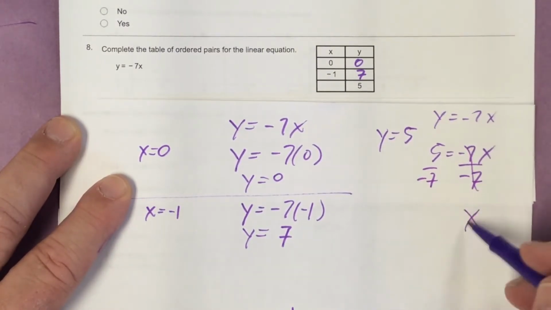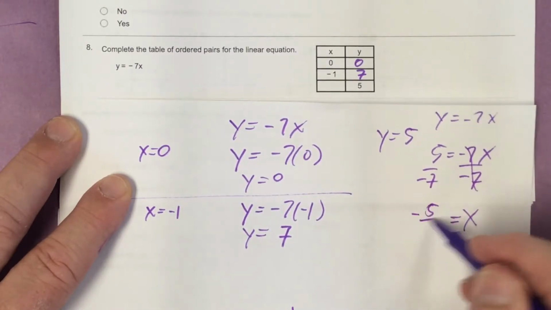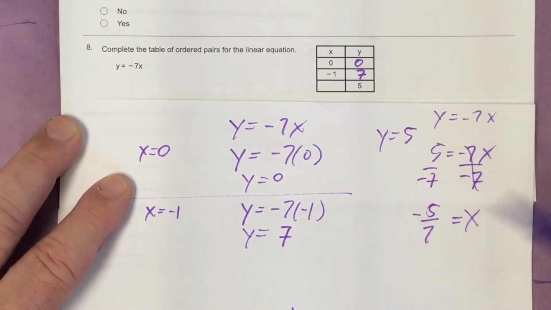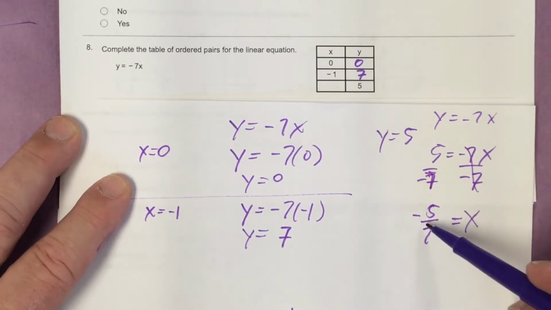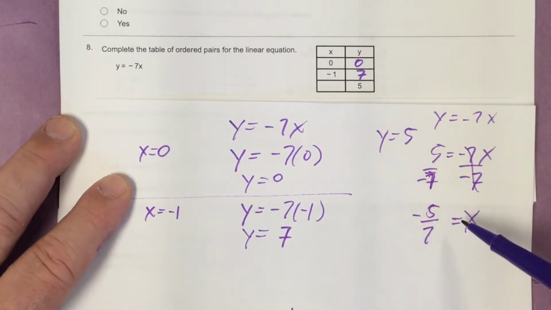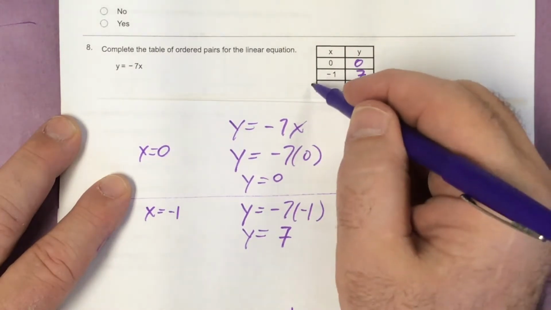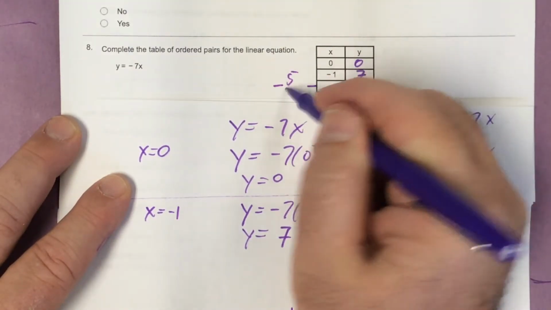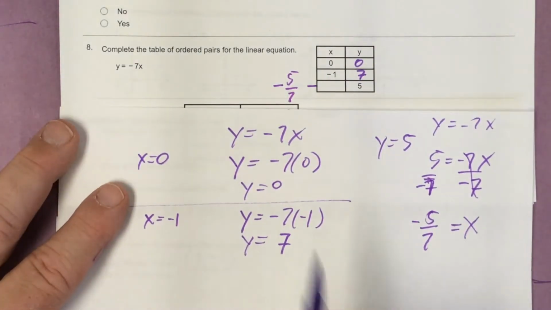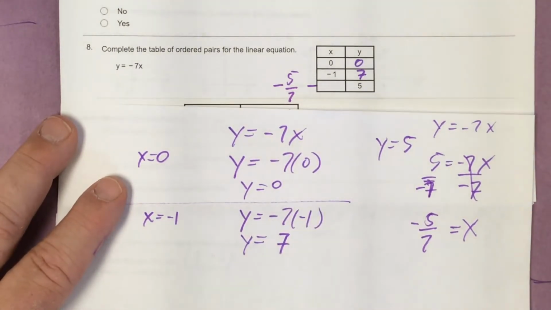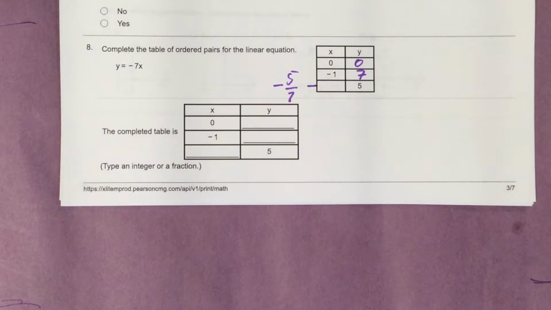And what we'll get is x is equal to negative 5 over 7. Just remember that we have in the process of this, we're having to divide by negative 7, but we can't show the negative in the bottom in our final answer. So this final solution here that's going to go in here is going to be negative 5 over 7. A little difficult to fit, but I'm sure in your homework online, you should be able to fit that in. And that's the solution for number 8.